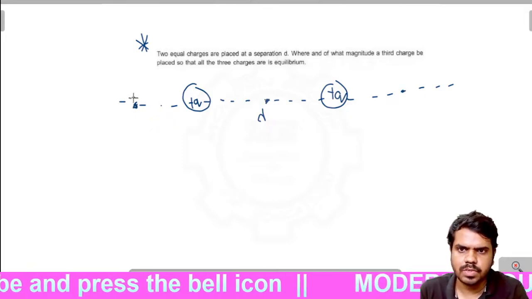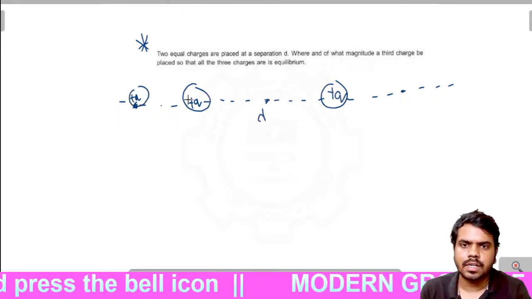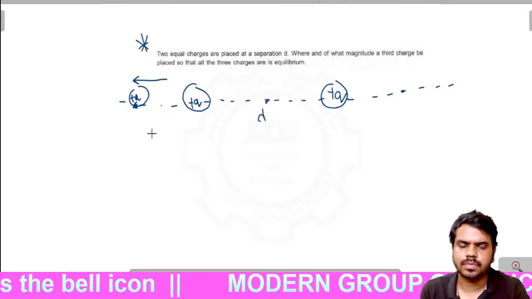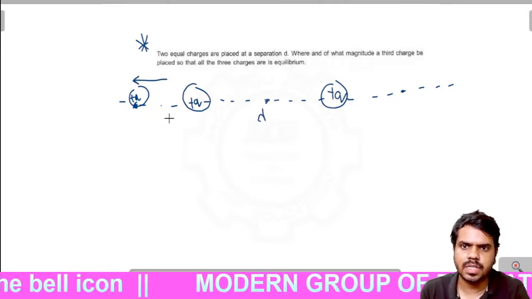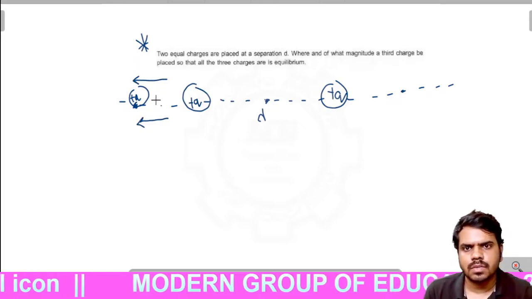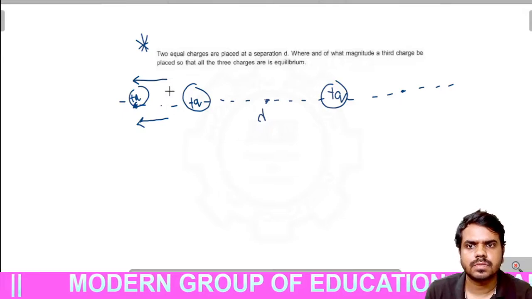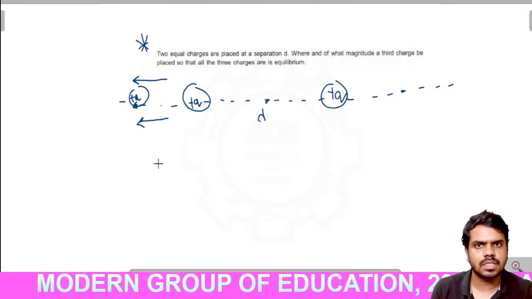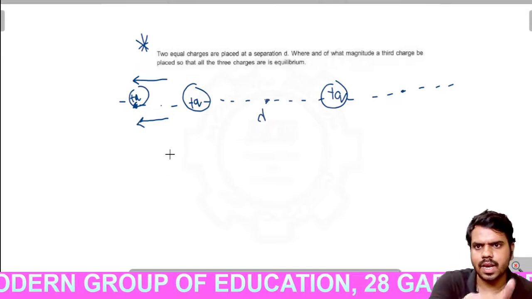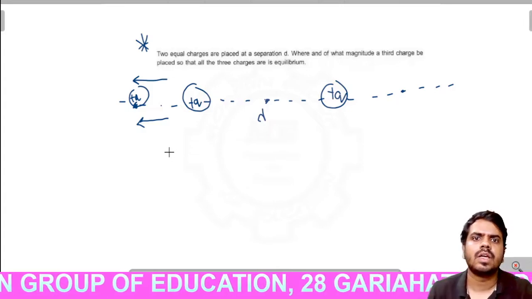Now place a small positive charge. This plus charge will repel this charge towards this, and this plus charge will repel this charge towards this. So is it possible here that the equilibrium state will be reached? Equilibrium means the net force acting on the particle is 0, but these forces are acting in the same direction. So there is no possibility of equilibrium.